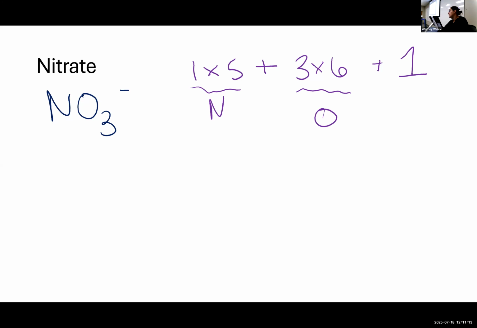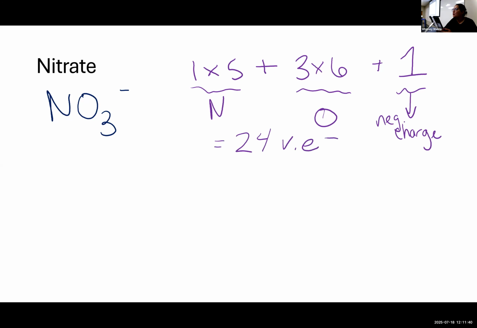So this will be a +1 for that negative charge, adding that extra electron. So if you add all of this up, 1 times 5 is 5, plus 18, plus 1, I get a total of 24 valence electrons.